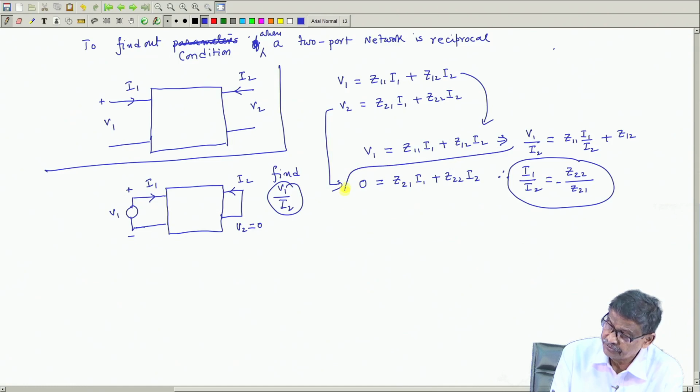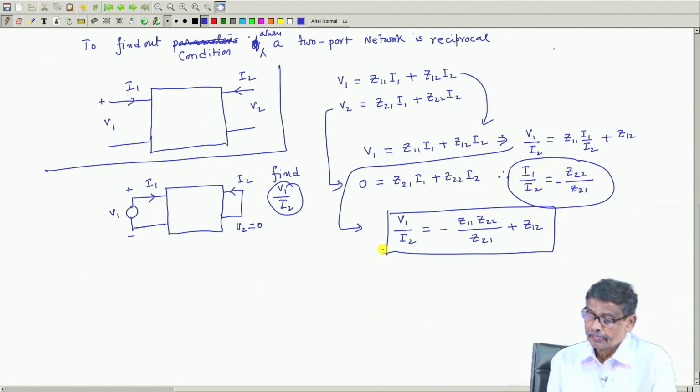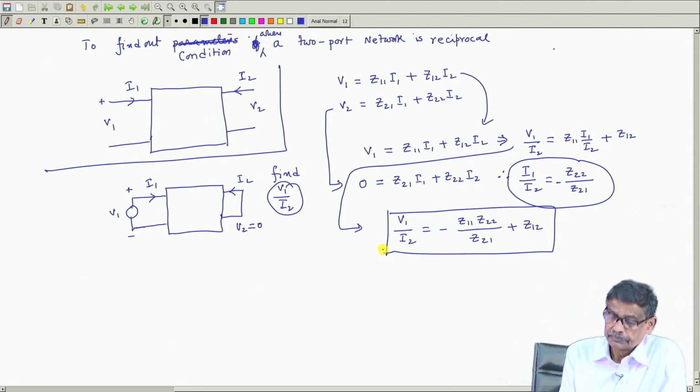Therefore, from the first equation I get V 1 by I 2 equal to this I 1 by I 2 ratio put here, which becomes minus Z 1 1 Z 2 2 by Z 2 1 plus Z 1 2. So V 1 by I 2 I have found out like this.